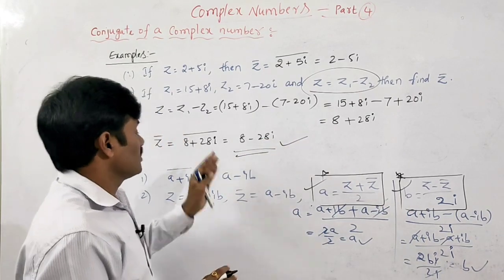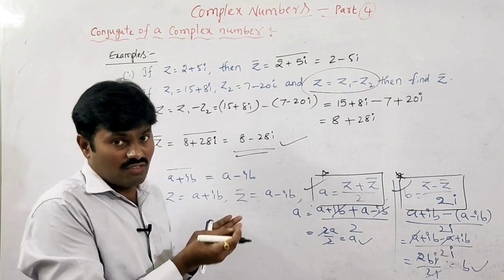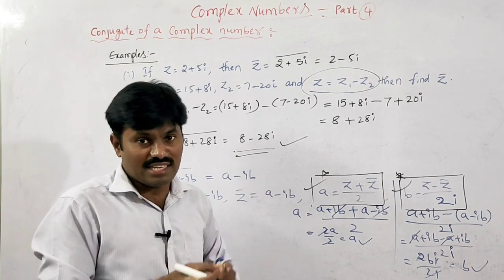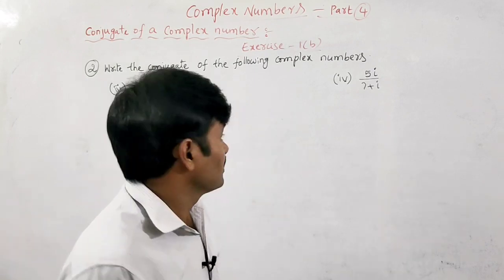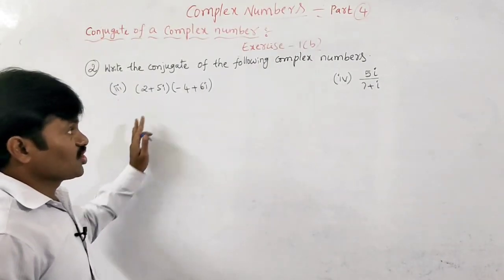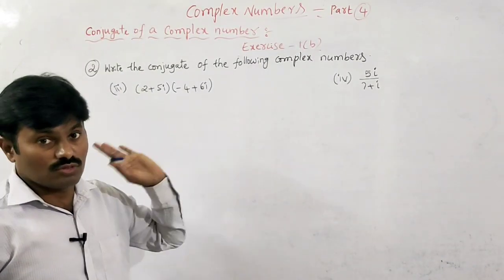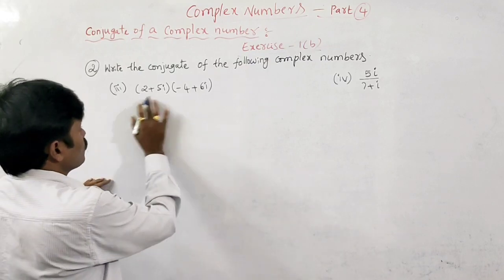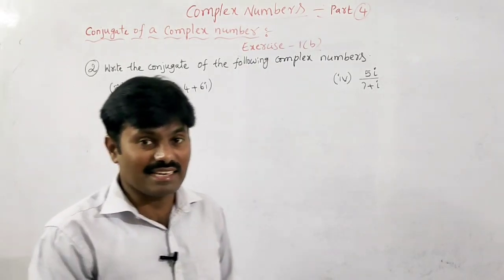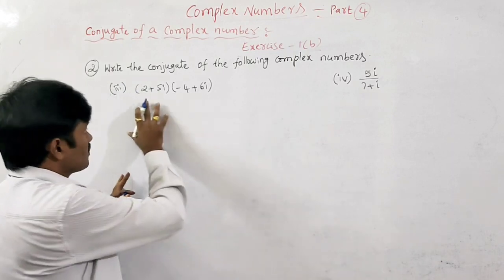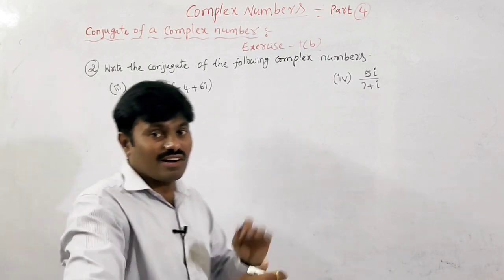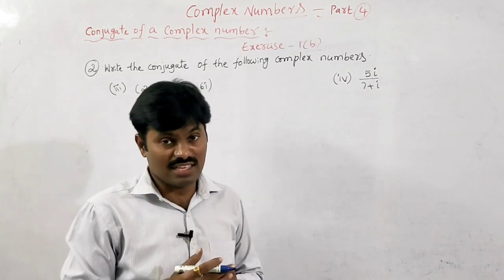Okay, clear beta? Now based on this we solve two problems which are in exercise 1b. Okay guys, now see the solution of these problems. The first two you do yourself. So this one: 2 plus 5i into minus 4 plus 6i. Students, if you observe, these types of problems we have already done in exercise 1a.